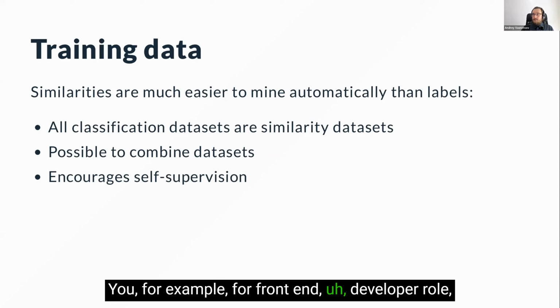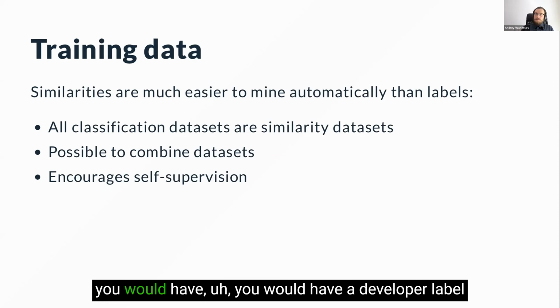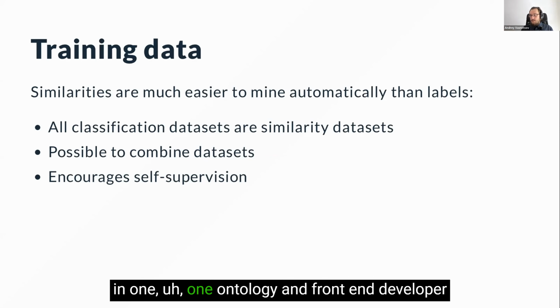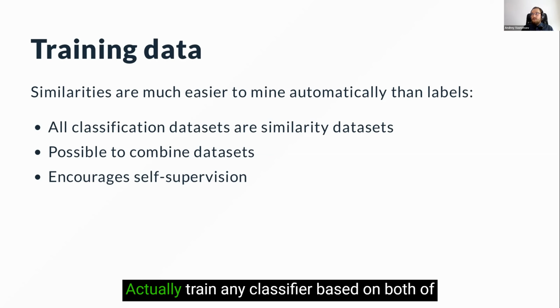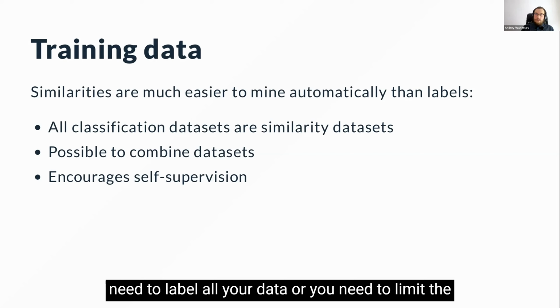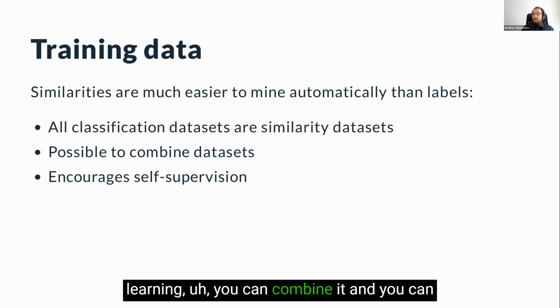For example, for a front-end developer role, you would have a developer label in one ontology and front-end developer in another, which looks similar but not identical. So you cannot train any classifier based on both of this data. You need to choose one, and you either need to label all your data, or limit the training set to only one of them. But in similarity learning, you can combine them and use both at the same time with very small effort.